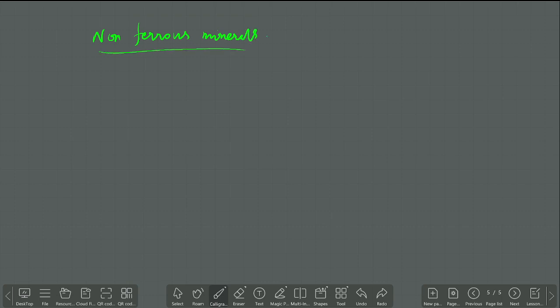In case of non-ferrous minerals, only copper and bauxite you will be reading. Bauxite is the ore of aluminium. Here India is critically deficient in the reserve and the production of copper. We are deficient, which can be asked like that.